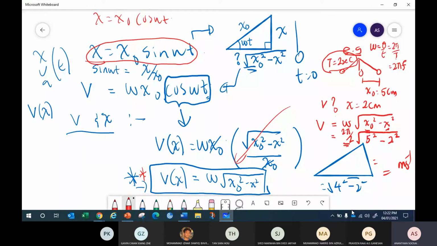And finally, I tell you the truth, if you use the second version, you still get the same Vx formula. If you give it a try, you get the same formula. So the Vx formula is only one version. For any type of starting, at the center or at the edge or at the left side, the Vx formula is standard, the same. It's omega root of x naught squared minus x squared.